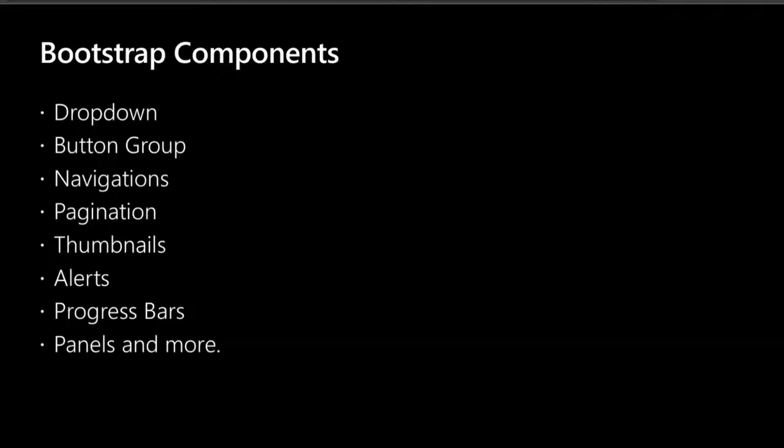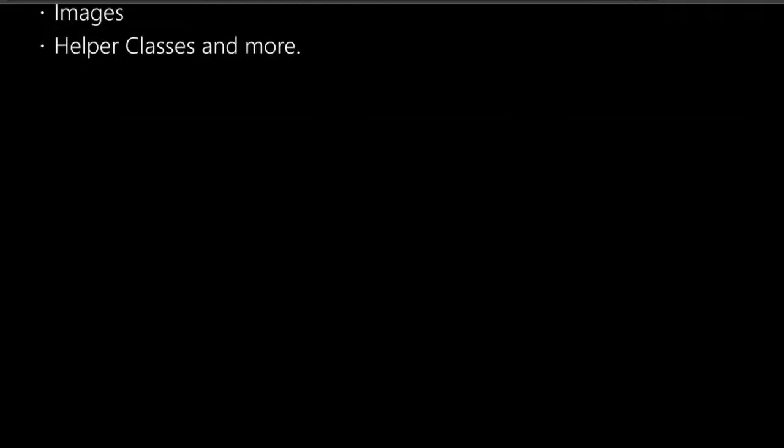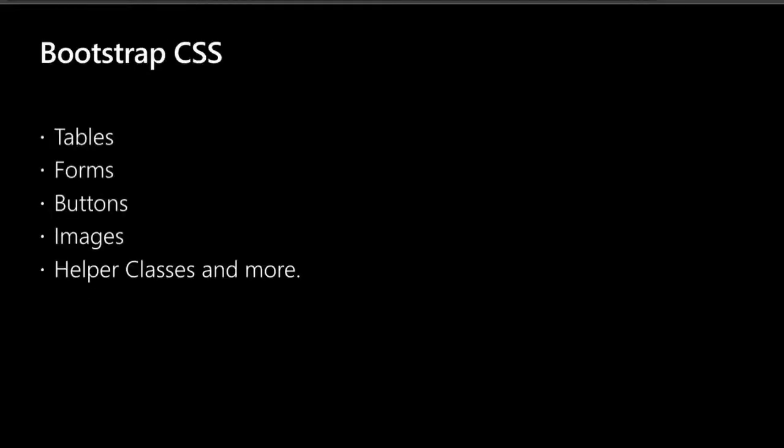We already have tables, forms, buttons, images, helper classes, and CSS, but we can use them by CSS, but we have predefined CSS code for tables, forms, buttons, images, helper classes, and a lot more in Bootstrap that we can simply use by what? By simply putting a simple class name in an HTML tag.